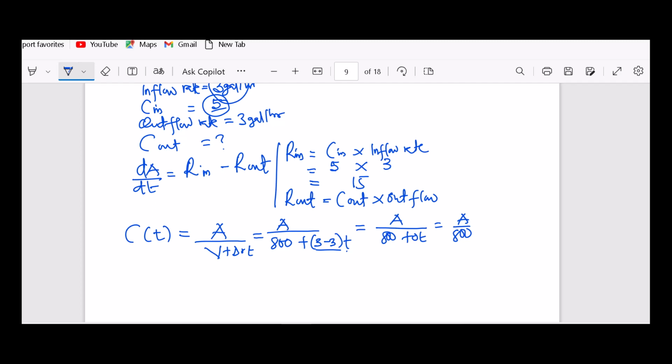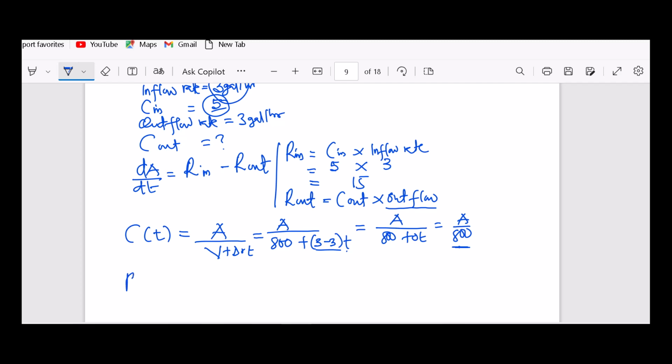Now, this is our concentration out. But we need to get the rate out, so we need to multiply it by the outflow.